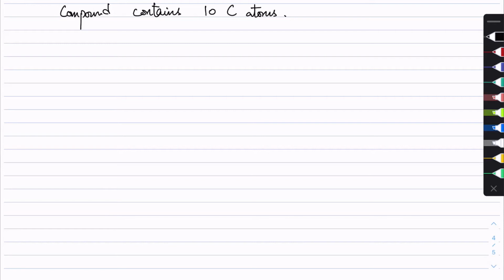Do you understand the setup? Let's say they gave you that the compound contains 10 carbon atoms, and then they gave you the percentage values, and asked you to calculate the percentage mass.